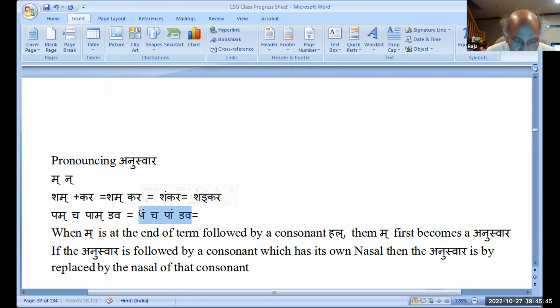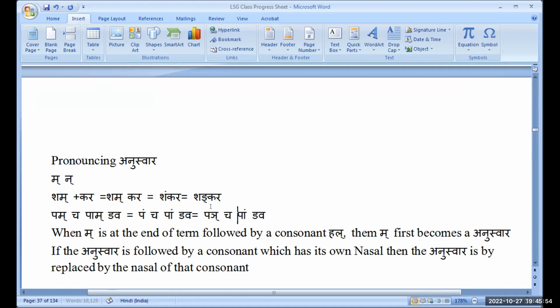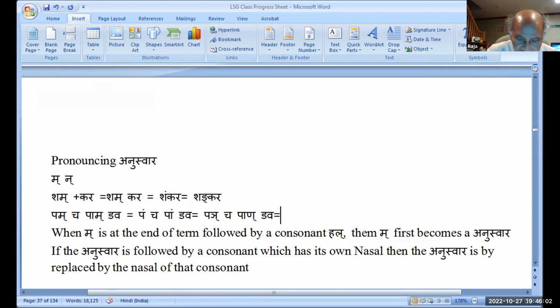So now you write like that and you pronounce, you have totally forgotten there was a makara there. It becomes Pancha Pandava. There's no makara there.